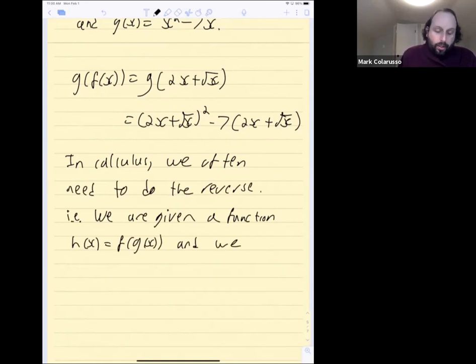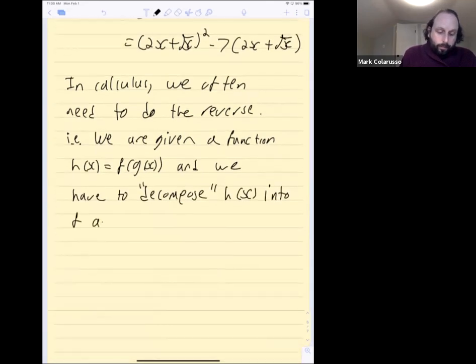We have to find the f and g. I.e., we have to recognize h at x as a composition of the components f and g.